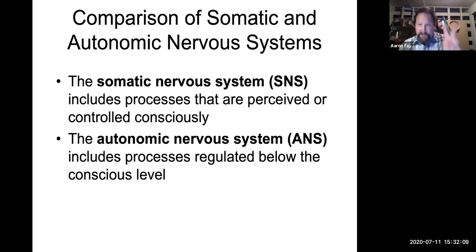So those two things together, somatic sensory, somatic motor, make your somatic nervous system. I haven't used this term before, so I just want to make sure it's clear in your brain. And the autonomic nervous system controls things that you are not consciously aware of.